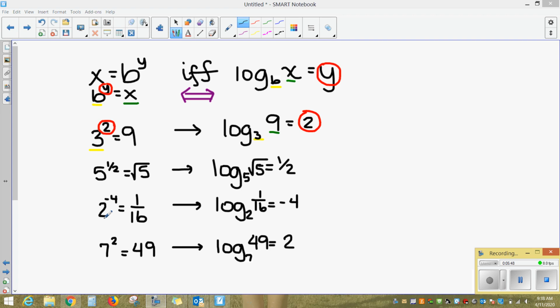The base up here is 2, so that's our subscript. The exponent of negative 4 goes across the equal sign, and the stuff inside is our 1/16. Here the base is 7, the exponent is 2, and the stuff inside is my 49. 7 squared equals 49.